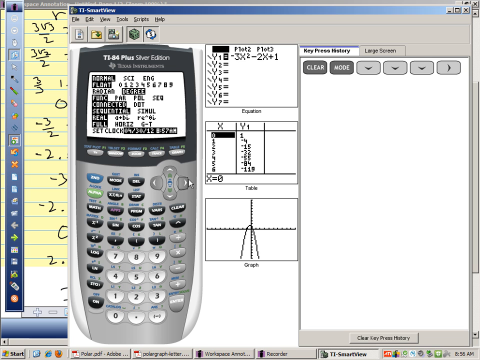So we change this to polar. And I want to make sure I'm set in radians. I don't want to be in degrees. I want to be in radians.